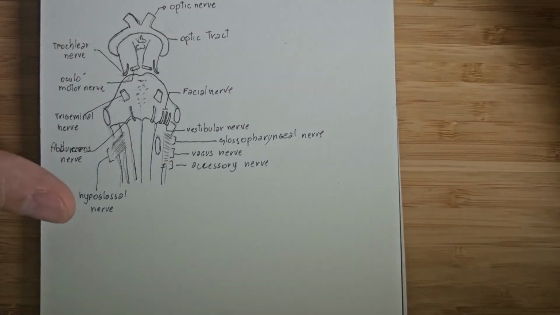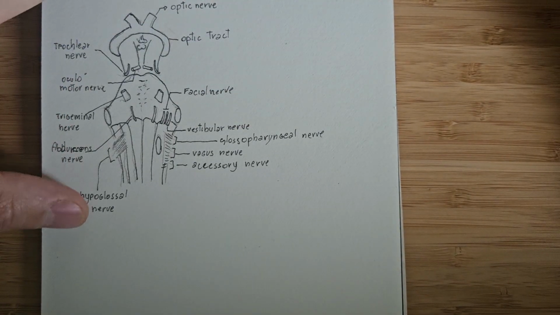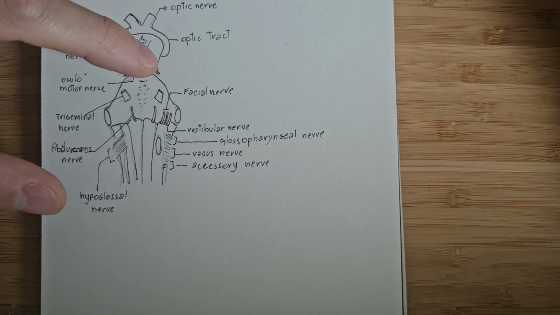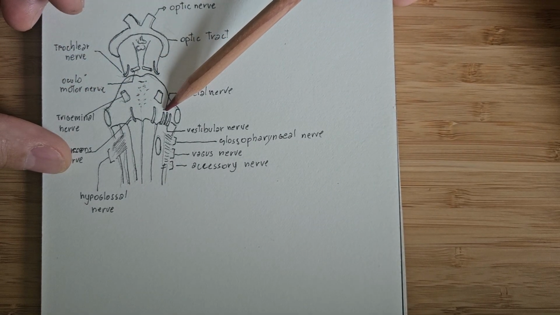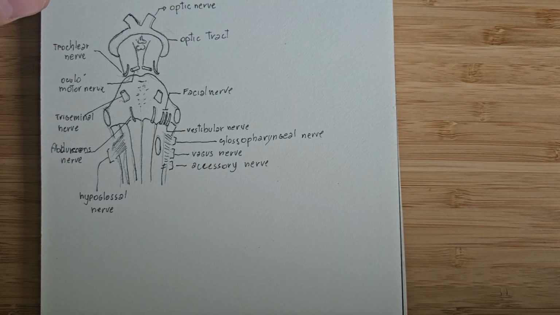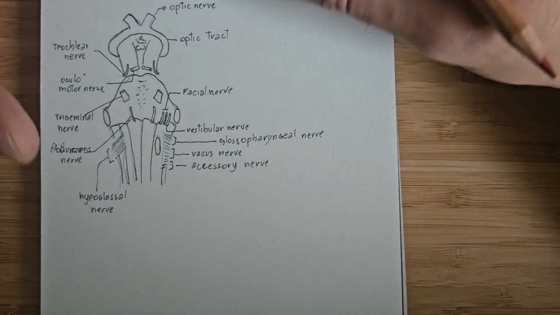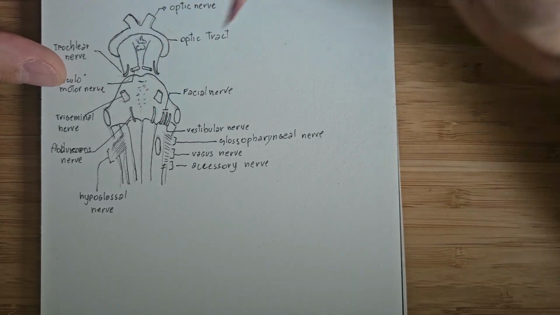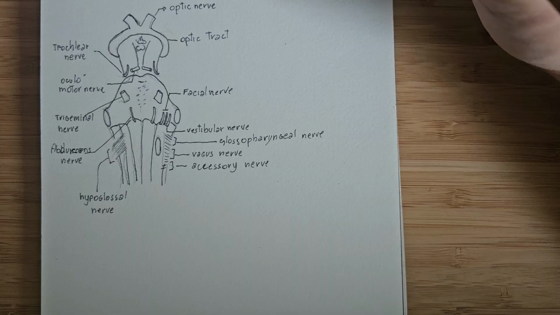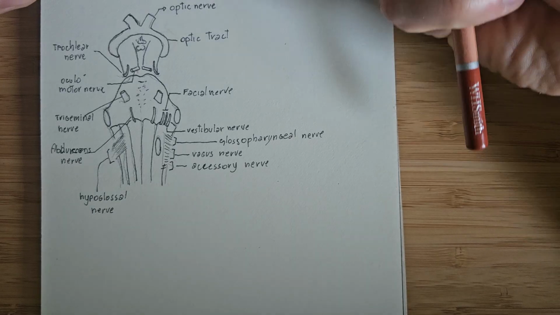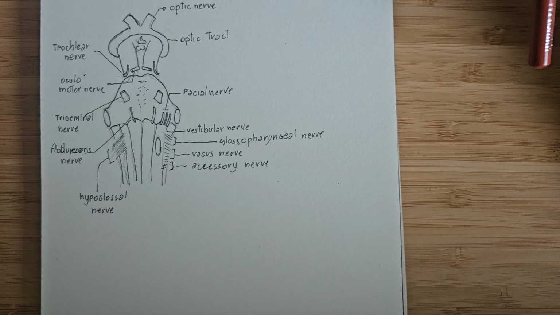And then we have the facial nerve. The facial nerve, which is here, okay, facial nerve here, is attached to the junction between the pons and medulla oblongata too, and controls facial expressions and will provide taste sensation to the anterior 2/3 of the tongue.